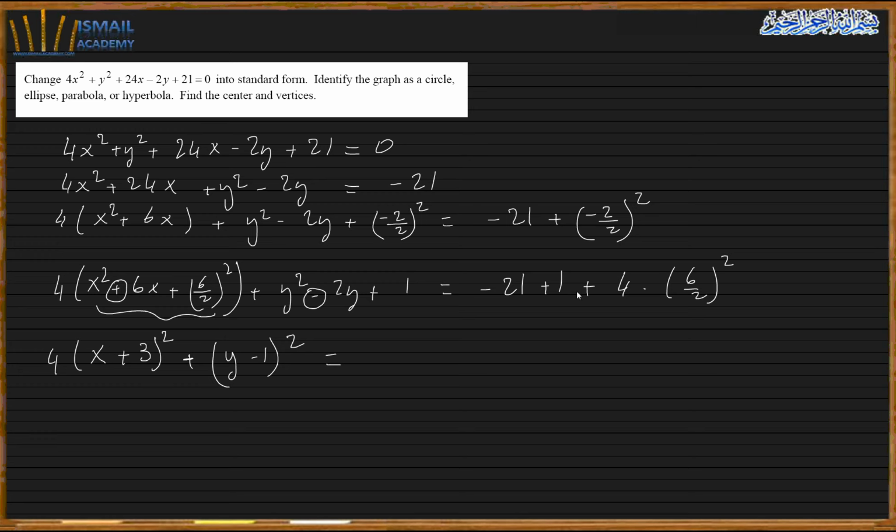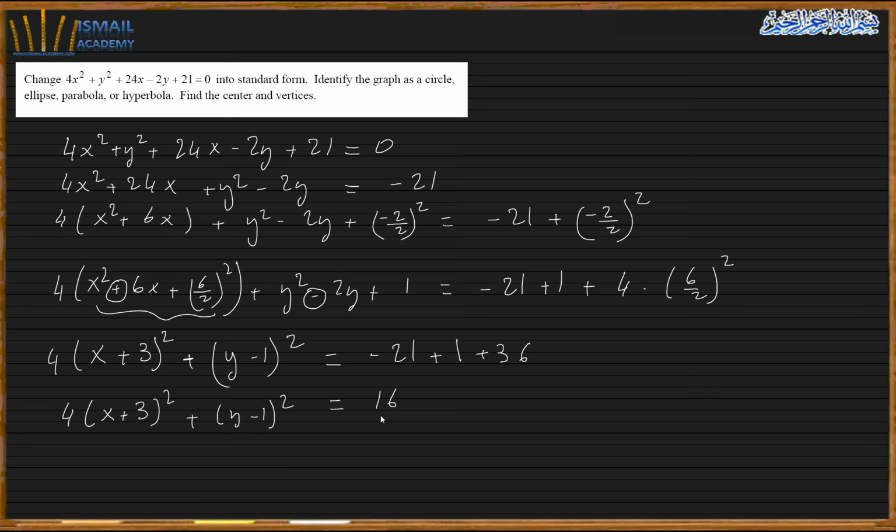And here I will have minus 21 plus 1, and 9 times 4 is 36, so it's going to be plus 36. So here I will end up having 16, because minus 21 plus 1 is minus 20, plus 36 is 16, and here I will have 4 times (x plus 3) squared plus (y minus 1) squared.